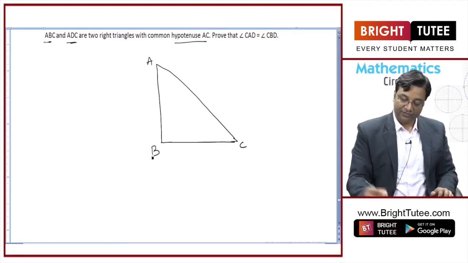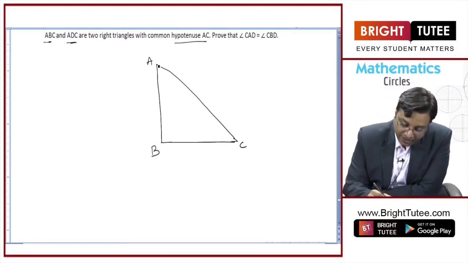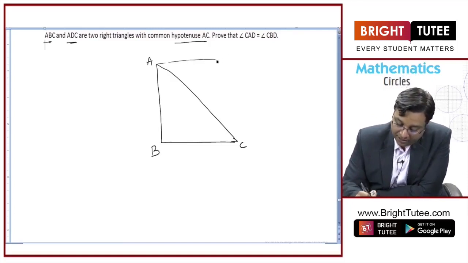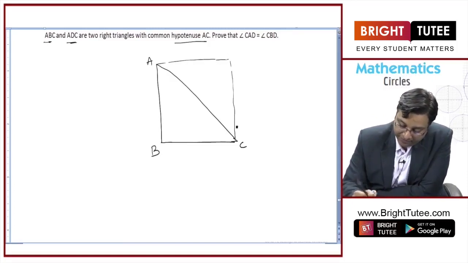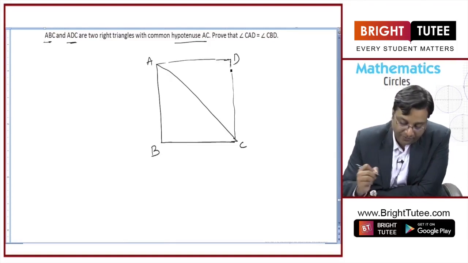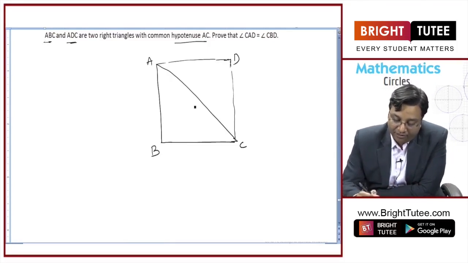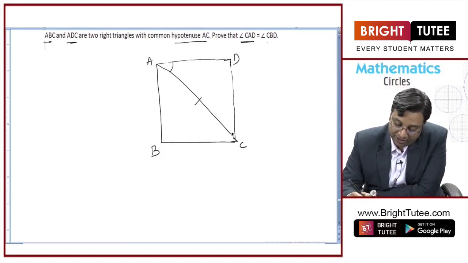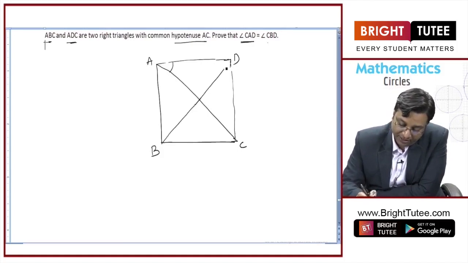So, let it be the first right triangle, and this another right triangle is ADC, and common hypotenuse AC. Prove that angle CAD, that is this angle, is equal to angle CBD, that is this angle.